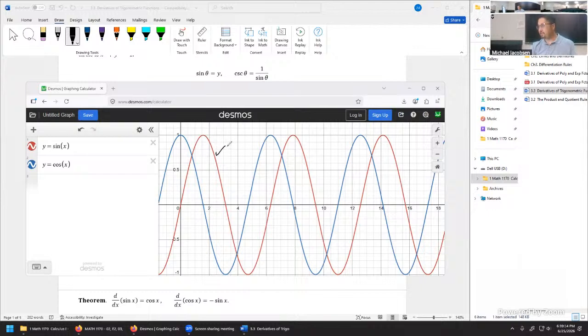A little arrow can't hurt. Here's sine x, and the one in blue is the cosine wave. Here's cosine x. Now, if we think of cosine x as being equal to d by dx of sine x, the derivative of the sine function, that means we have the graph of the derivative for sine in blue.